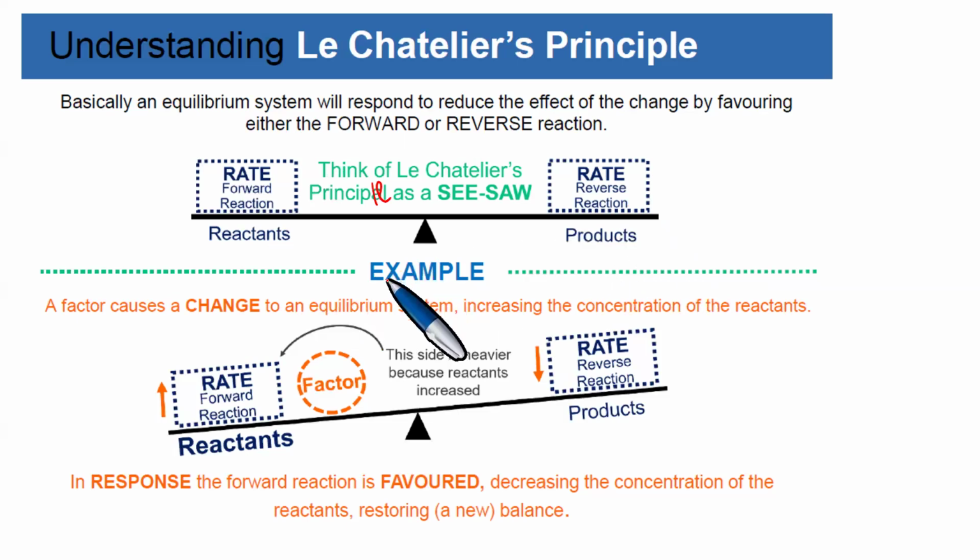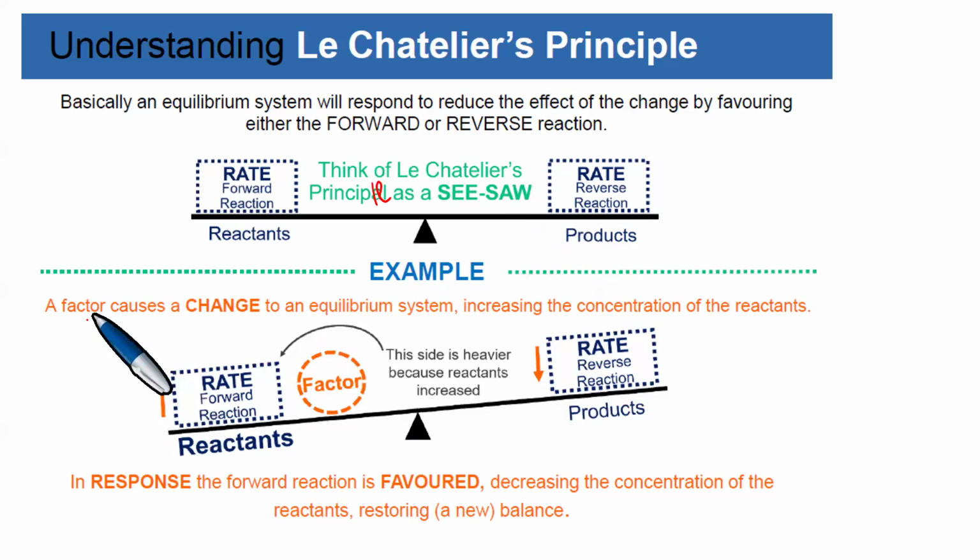When the rate of the forward reaction and the rate of the reverse reaction are equal, where you have the reactants and the products, there is a balance. So the seesaw is balanced.